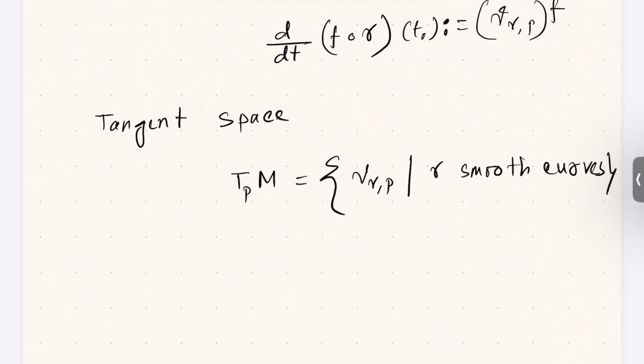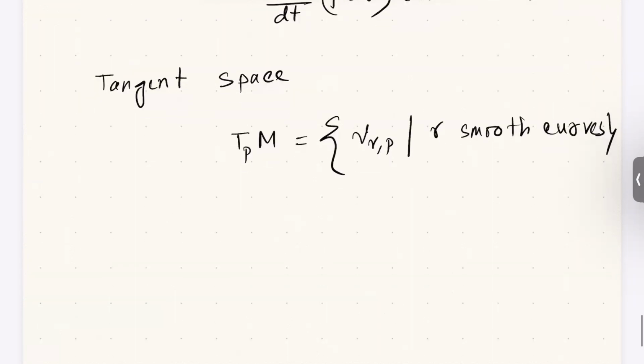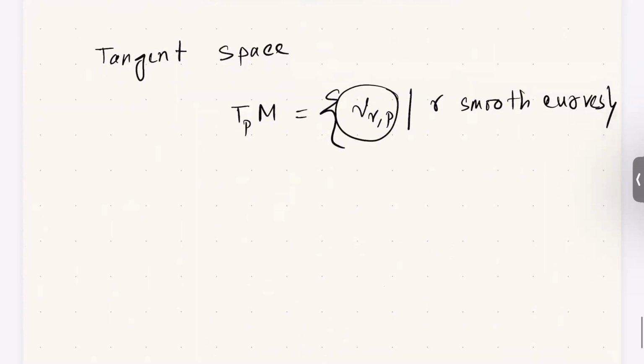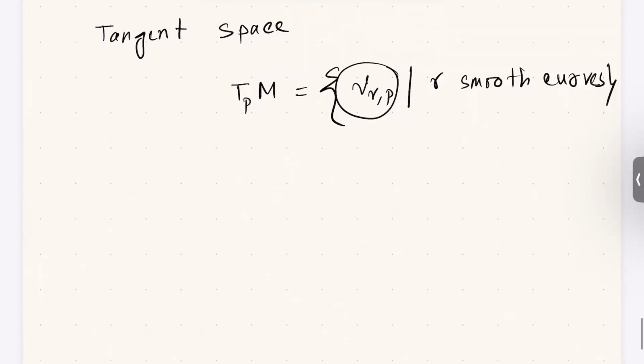Tangent space is basically a set or collection of these velocity vectors. Yeah. Now, this tangent space is also a vector space. And how do I see that?